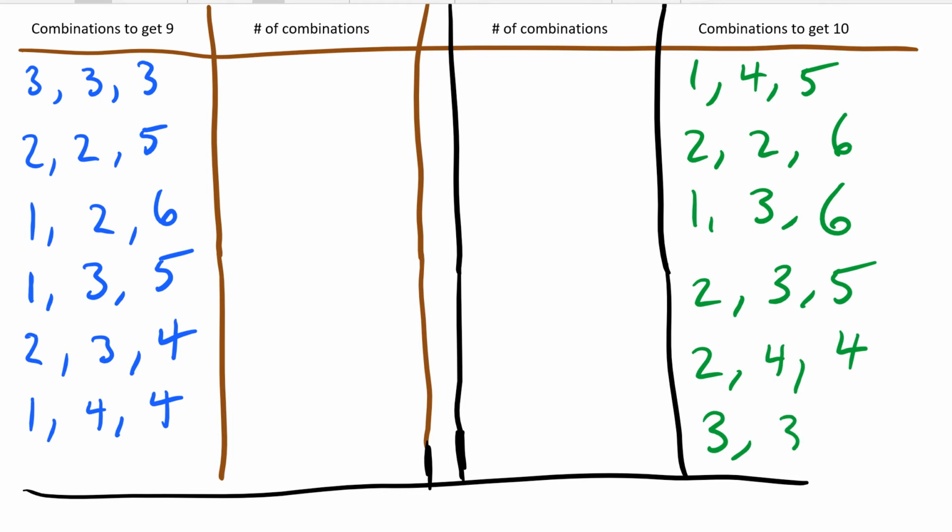And 3, 3, 6. That's all the combinations we can get. Well, if we add up the number of ways, there's 1, 2, 3, 4, 5, 6 combinations that add up to 9, and 1, 2, 3, 4, 5, 6 that add up to 10. Looking at this alone, it looks like the chances would be the same.